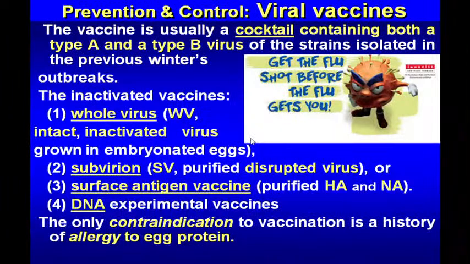So, prevention. I hope you are all vaccinated against this year's influenza virus with a vaccine that had been given something like 2 weeks ago, right? Because you need to get the flu shot before the flu gets you.